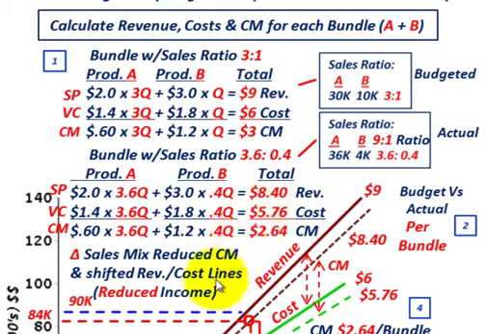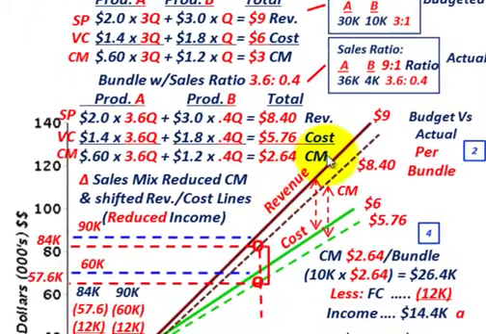Now let's put these numbers onto our cost volume profit graph. For our revenues line, that's the brown line. Our budgeted amount, I'm showing that as the $9, and then the dashed line is the actual sale, which was $8.40.